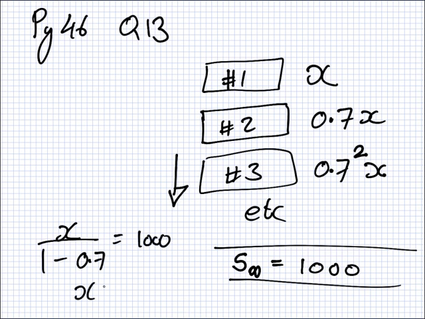So then you can solve, and x is 300. So what happened was 300 people clicked the first link, then 210 clicked the second link, then 147 clicked the third link, and so on. And in total there were 1,000 clicks.